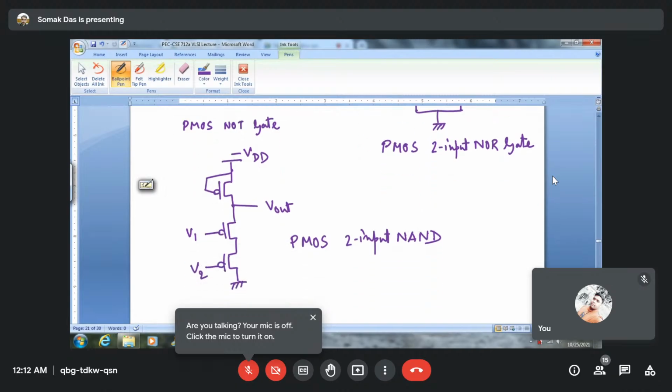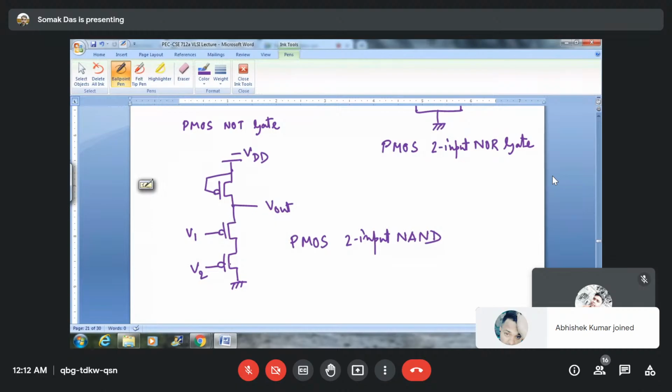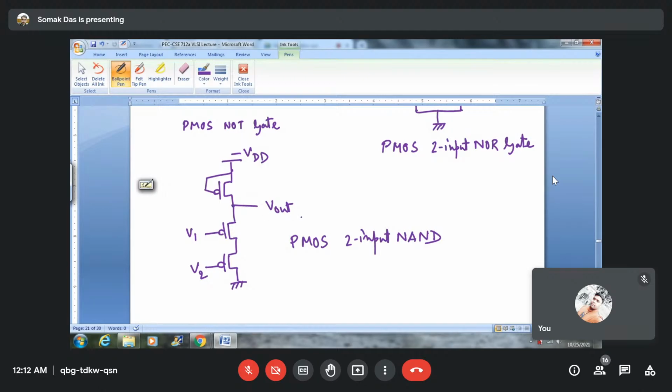Similarly, for the PMOS NAND gate, you AND 2 PMOS transistors, connecting them in a cascaded way, and you receive at the output the NAND logic. So any logic you represent within the driver network just gets inverted at the output.